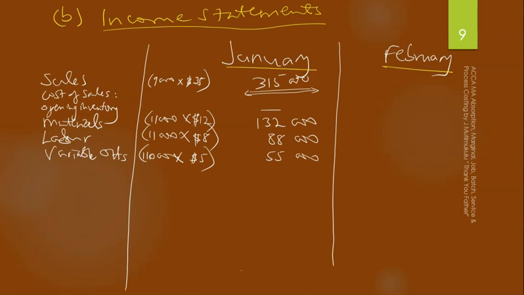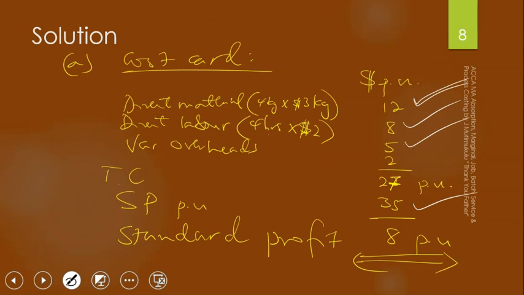We then have to consider the fixed overhead. We determine from our computation this fixed overhead of $2.